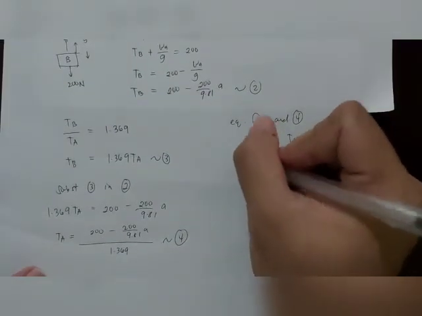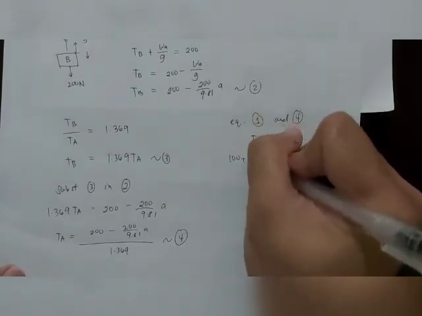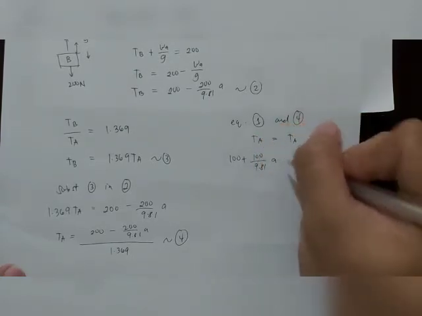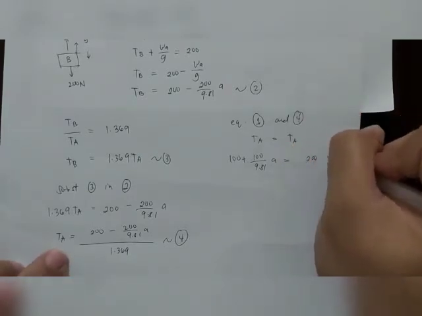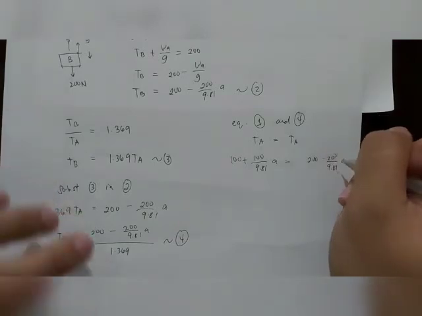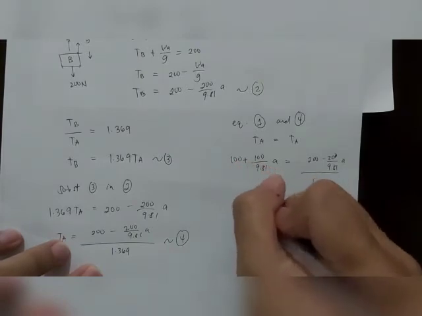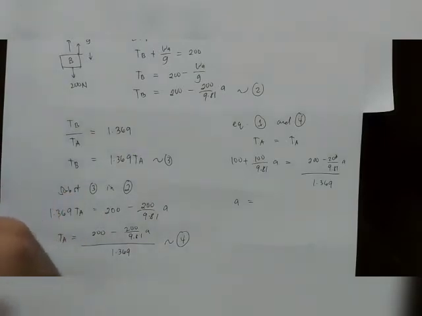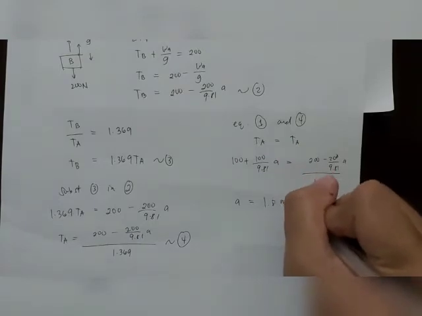Okay, so we have 100 plus 100 over 9.81 times A is equal to, dito naman sa equation 4 natin, we have 200 minus 200 all over 9.81 times the acceleration all over 1.369. So solving for the acceleration, we have 1.8 meter per second squared.